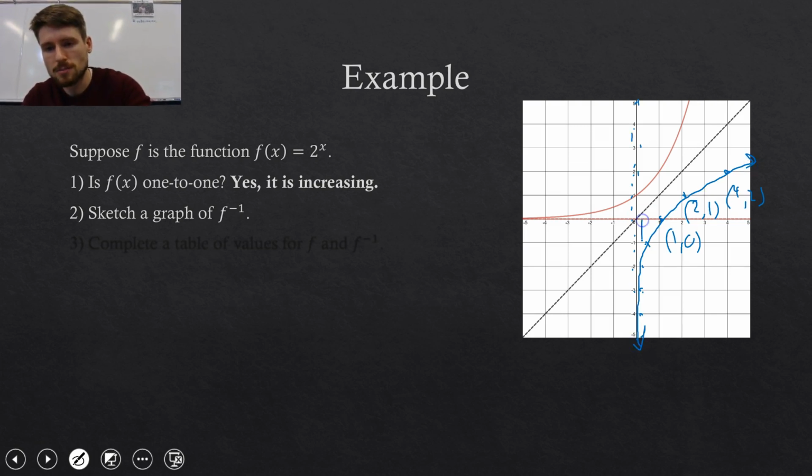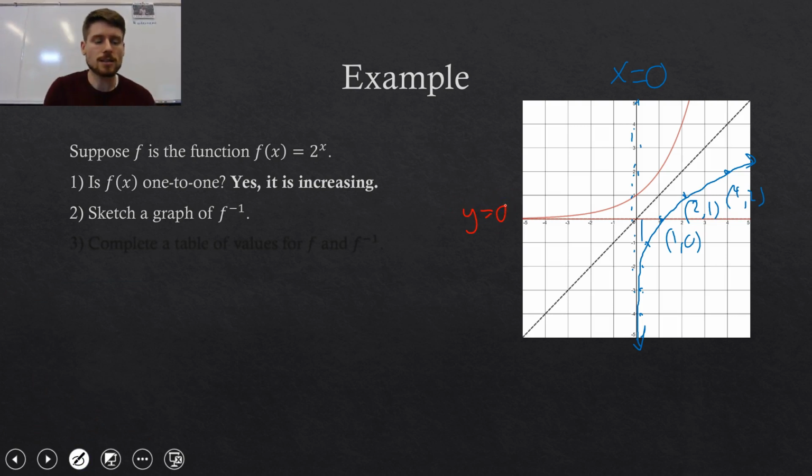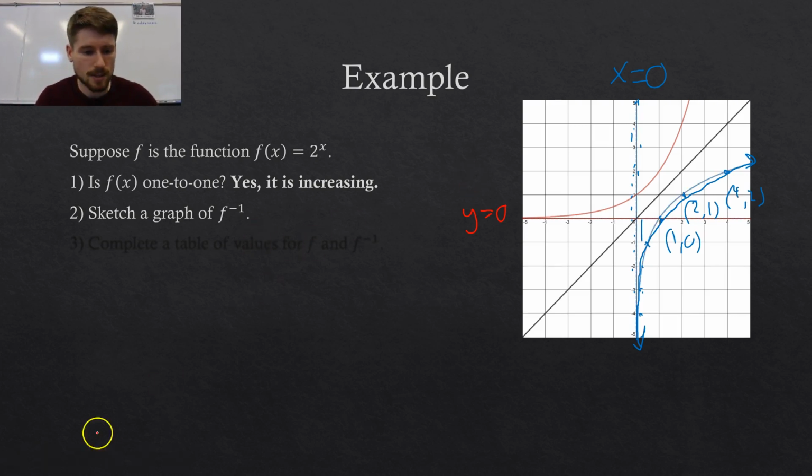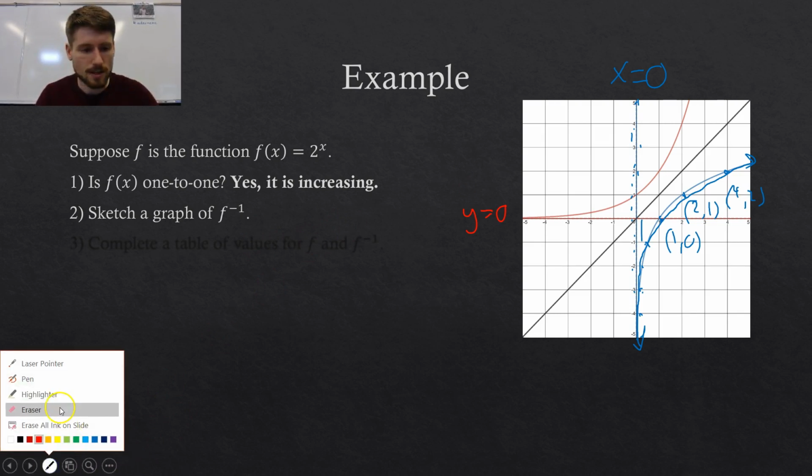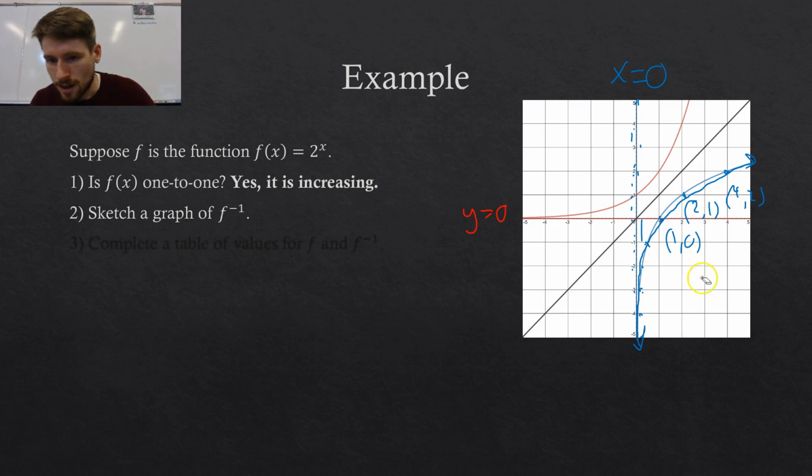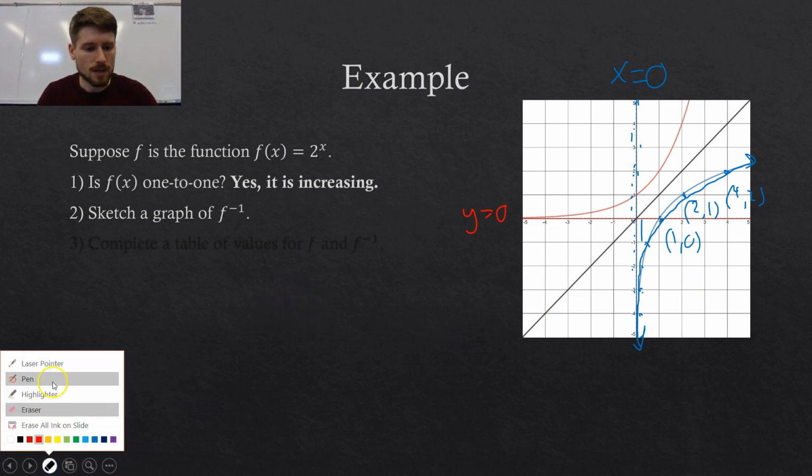And remember, this should match up with what we said earlier: our horizontal asymptotes become vertical asymptotes for the inverse function. Okay, so boom, there it is. That's the inverse function. Let's go ahead and erase all my... no, you can see it under there. So there's the inverse function.